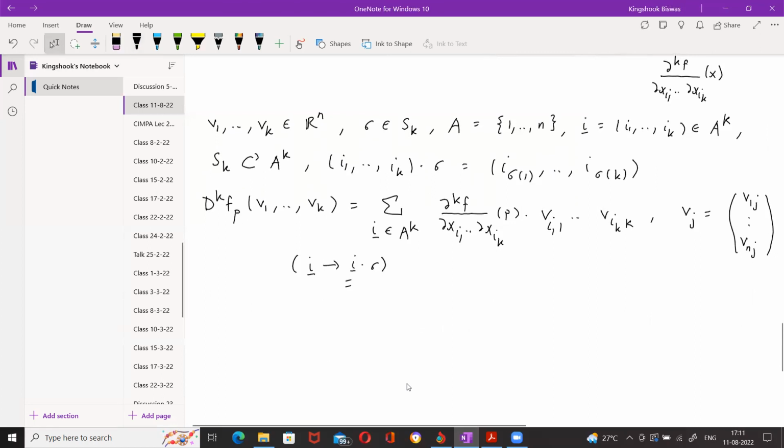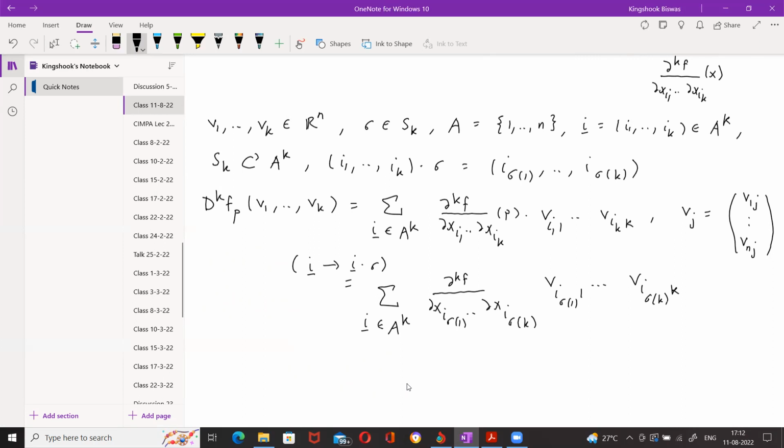So this is the same as a sum over I bar in A^k, del^k f over del x_{i sigma 1} to del x_{i sigma k}, into v_{i sigma 1, 1} up to v_{i sigma k, k}, right?